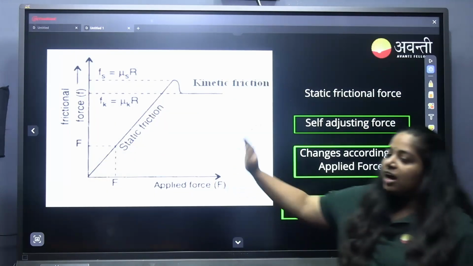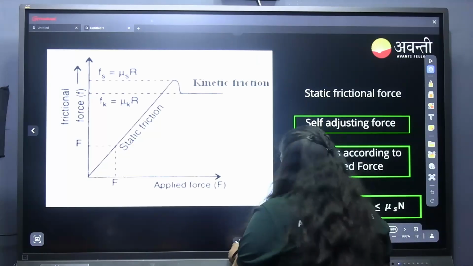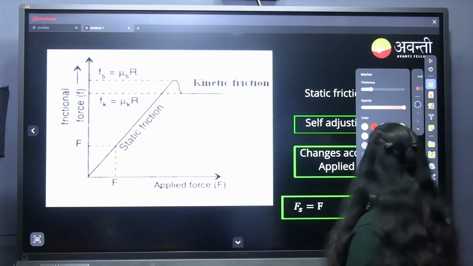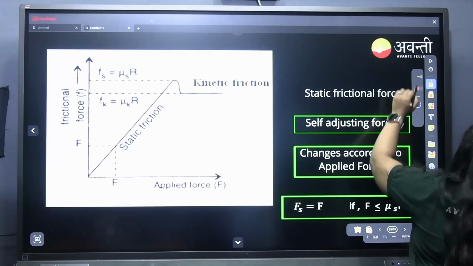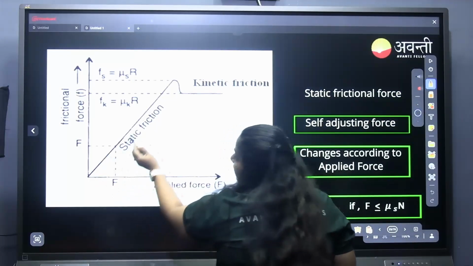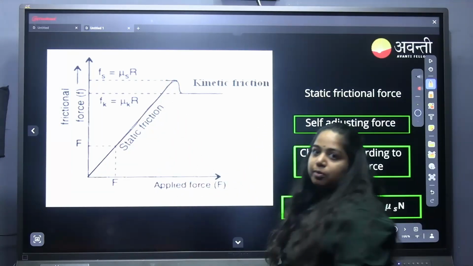So this is the graph between friction and external force. Friction is increasing from 0 to a maximum value. This is the maximum value.